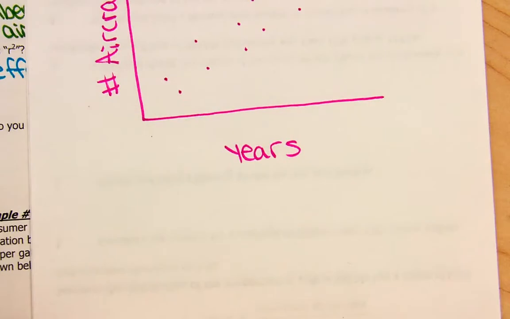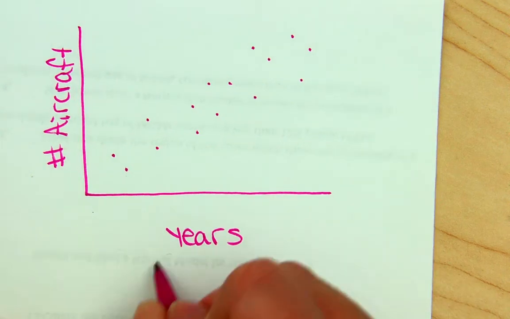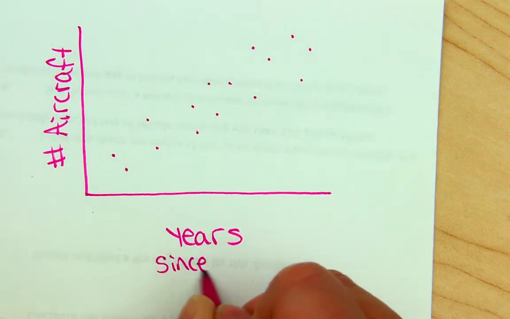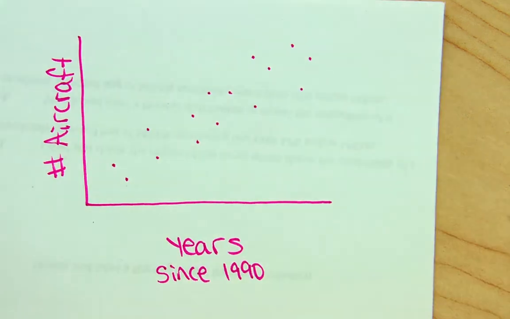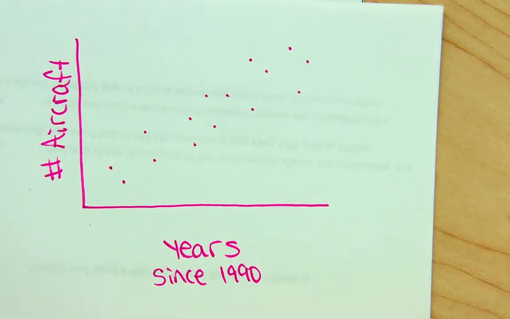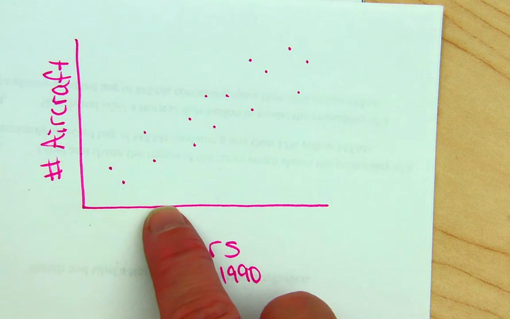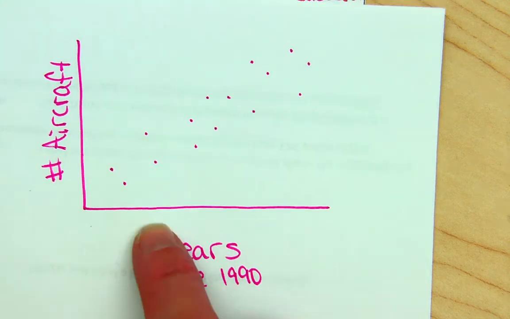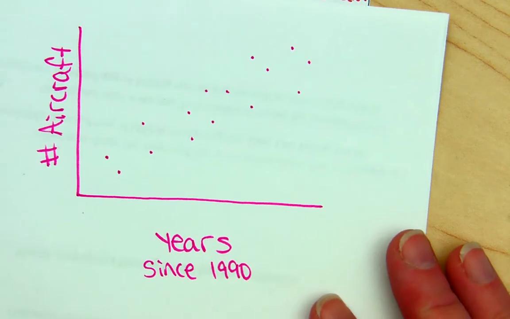If we looked at a scatter plot of this data, years since 1990 and the number of aircraft, I would be able to see a general trend. I can say, if I have a year and I know what that is, I can kind of predict where I'm going to have the number of aircraft. I can make predictions on that.